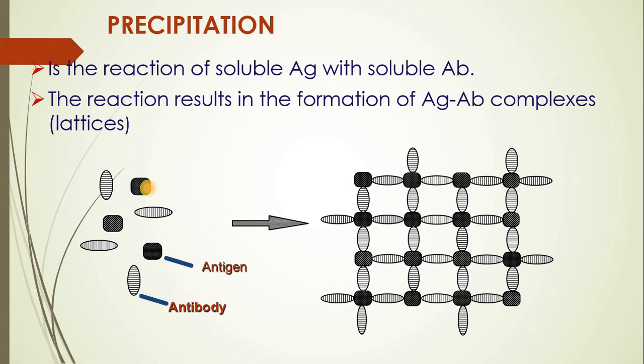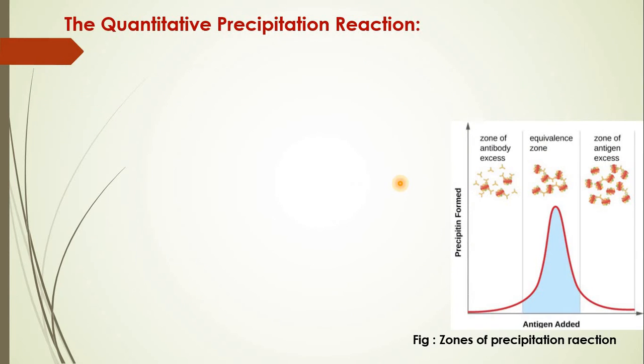The reaction is reversible, and this leads to the formation of a complex which is much larger in size as compared to the individual antigen. Because it is much larger in size, it tends to settle down or precipitate, and this reaction is called the precipitation reaction.